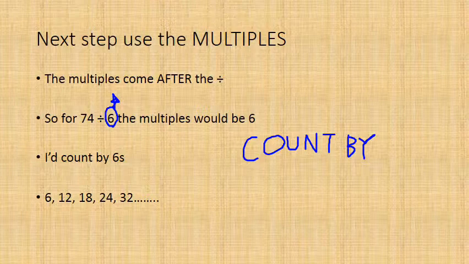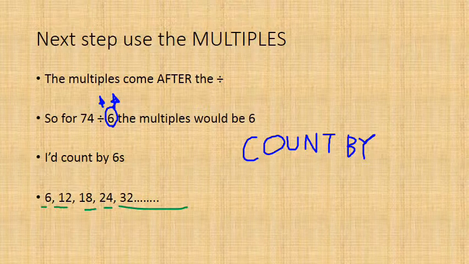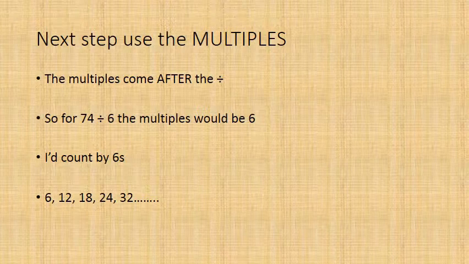I see the number 6 after the division sign, so I count by 6. 6, 12, 18, 24, 32. It just goes on and on forever like that. That is what the dots mean.